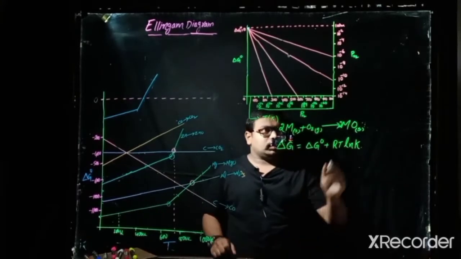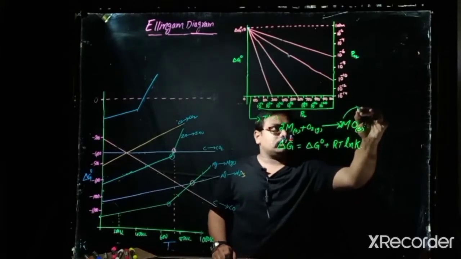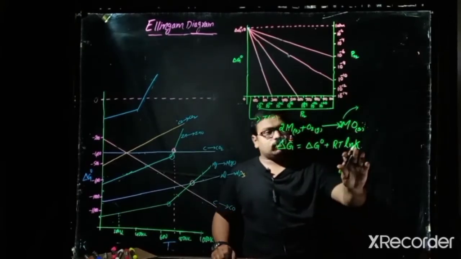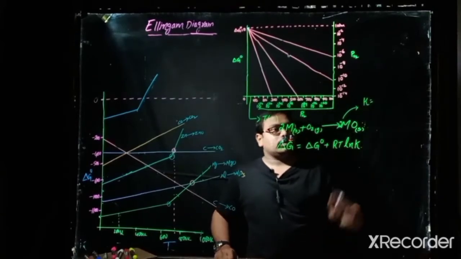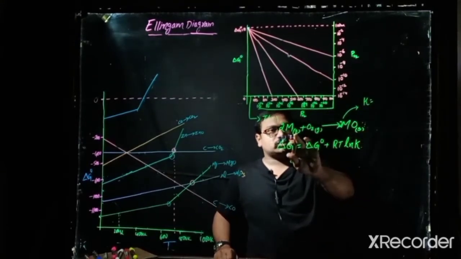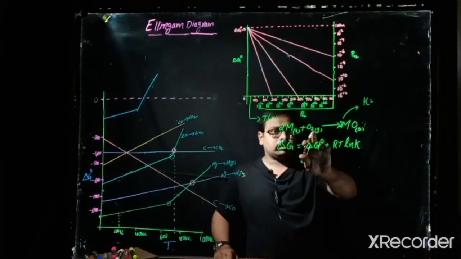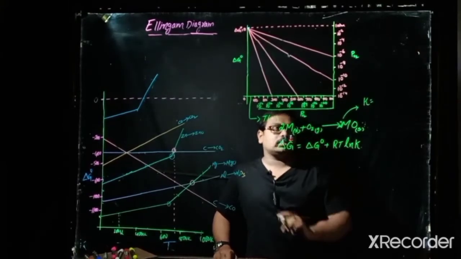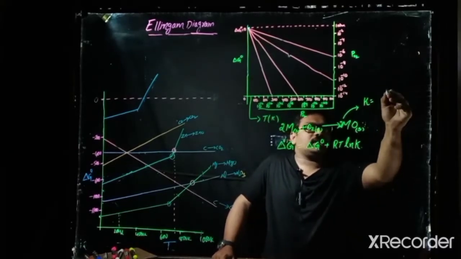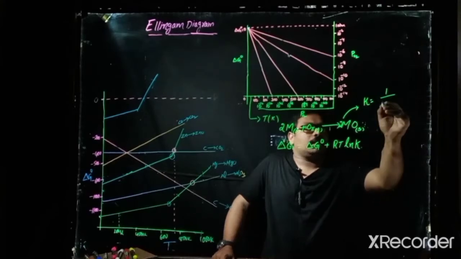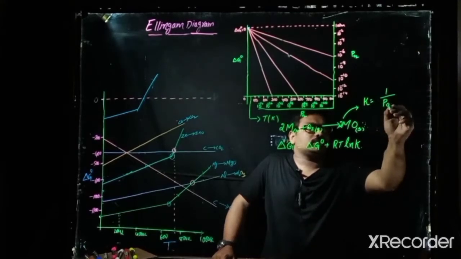For this reaction, the equilibrium constant K is calculated with the metal solid and the metallic oxide also solid. The only term in the gaseous state is oxygen. So product concentration by reactant concentration gives the partial pressure of oxygen.